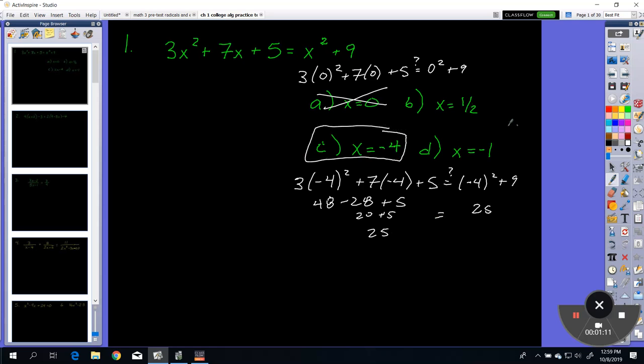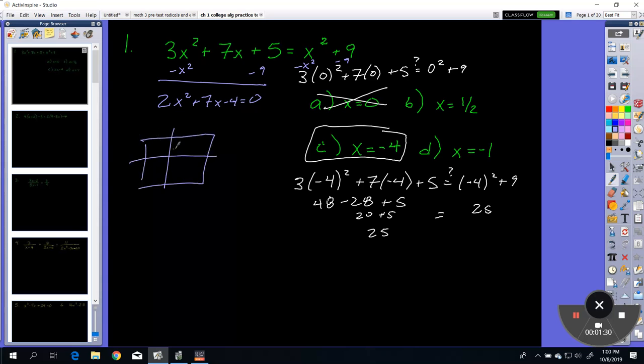So you can do it that way, or you can solve and just find out what the solutions are. So I can minus the x squared and minus the 9, and I get that 2x squared plus 7x minus 4 equals 0. Now if I want to factor that, I put 2x squared in, -4.